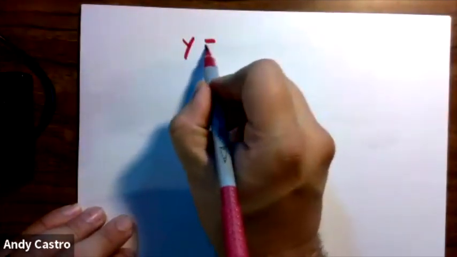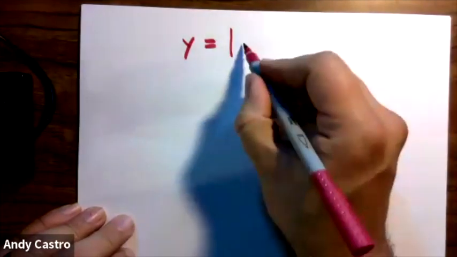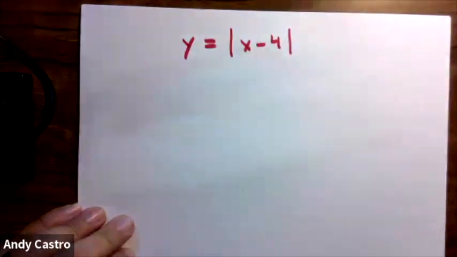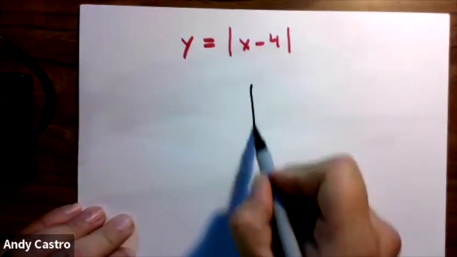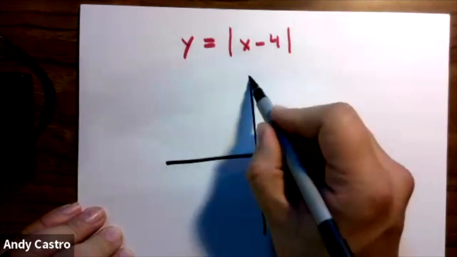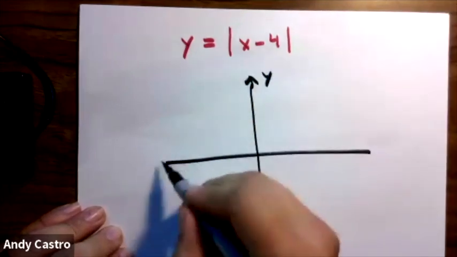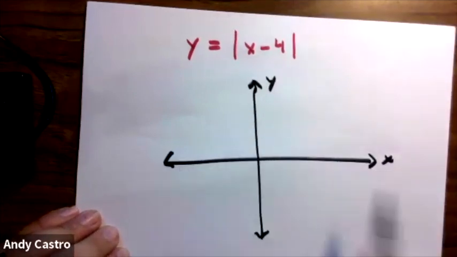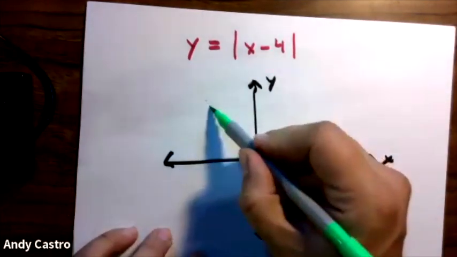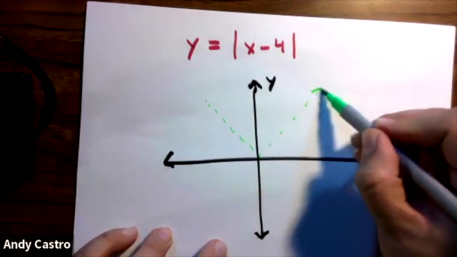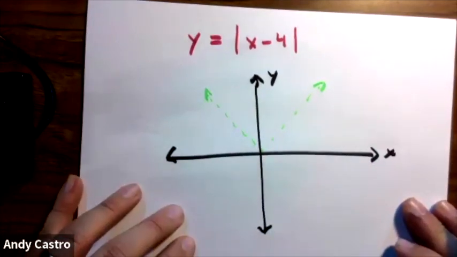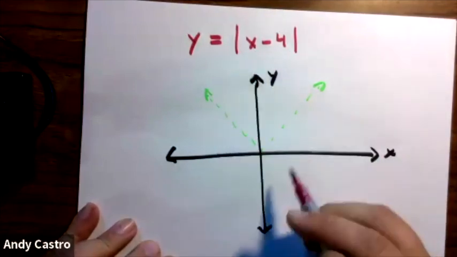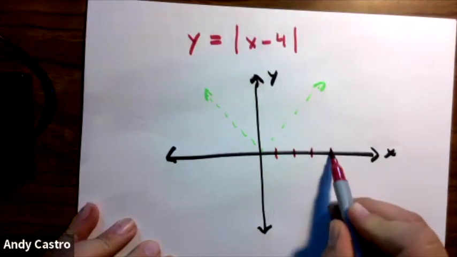Let's do y is equal to the absolute value of x minus 4, and that's it. So here, notice that I don't have any shifting going on the y-axis. I'd have to add or subtract something over there. So we're going to stay on the x-axis. We know that this is the original looking graph. Okay. But we're going to shift it to the right 4. 1, 2, 3, 4.